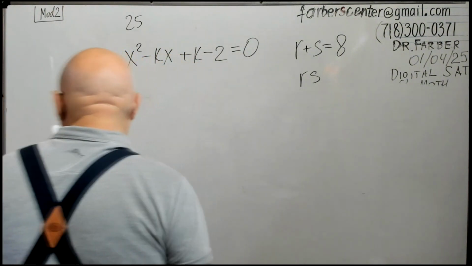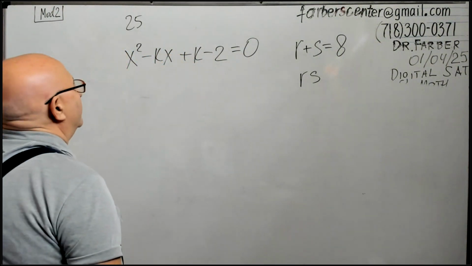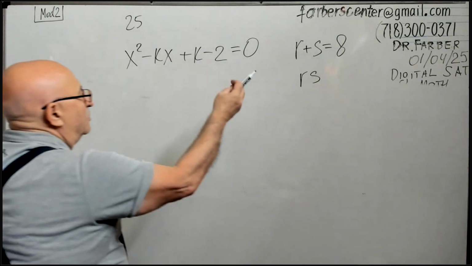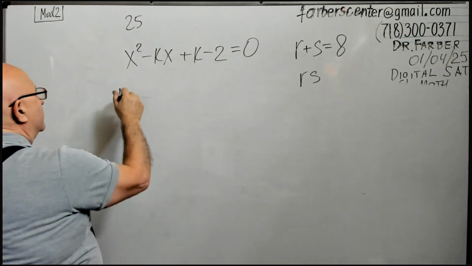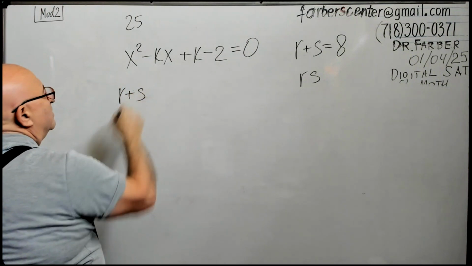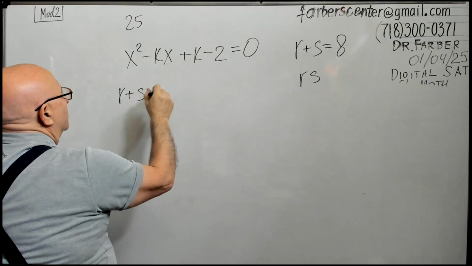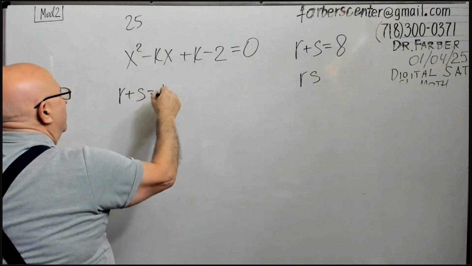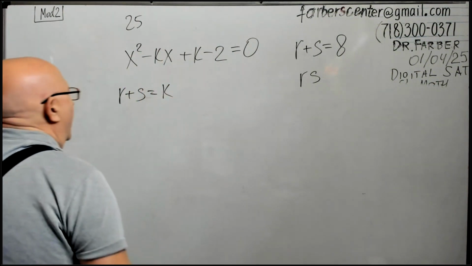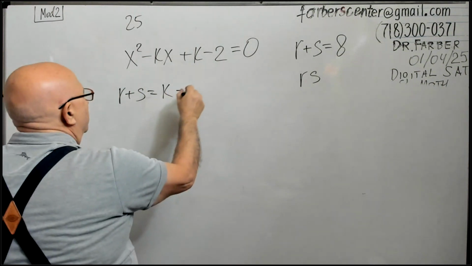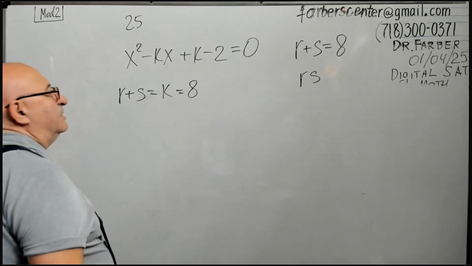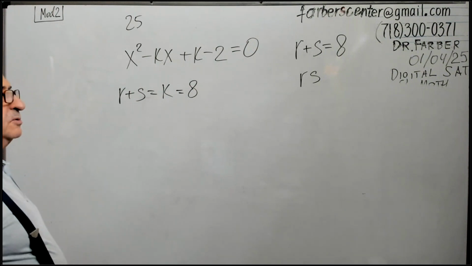You know, if it is a solution, according to the Francois Vieta theorem, it's like x1, x2. So r + s equals negative k, with opposite sign it is k. And this equals 8. So k equals 8 instantly, based on the Francois Vieta theorem.